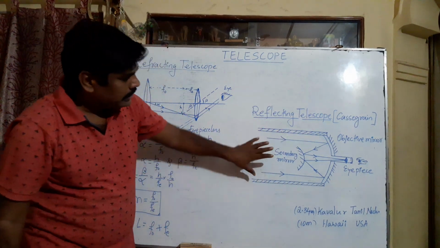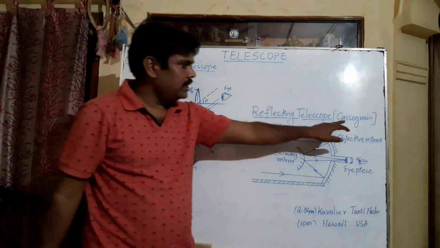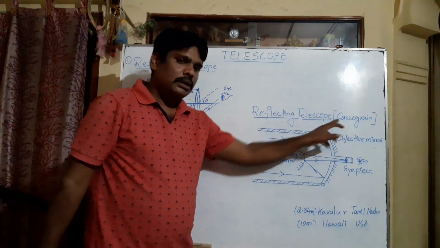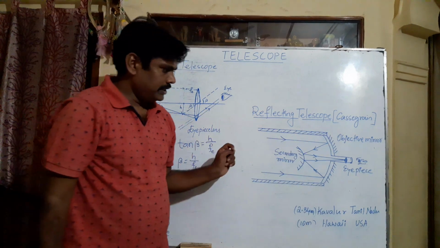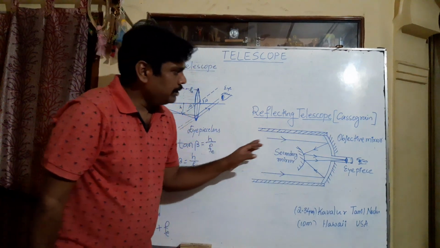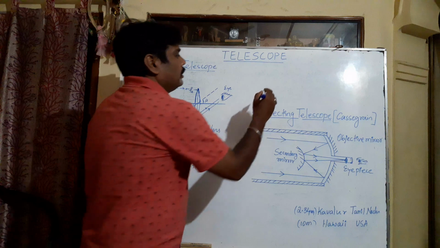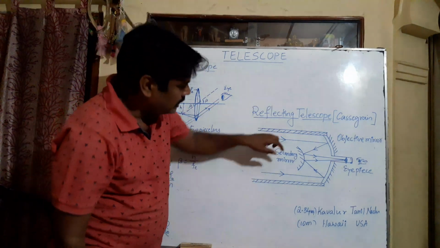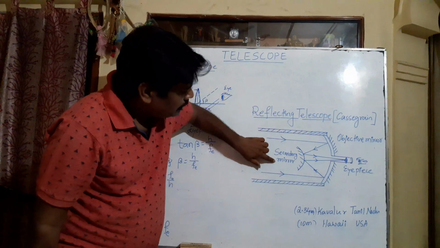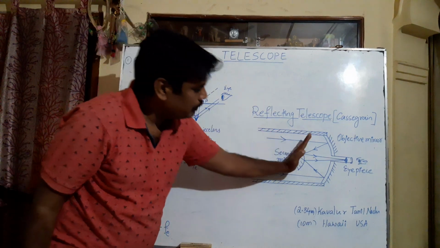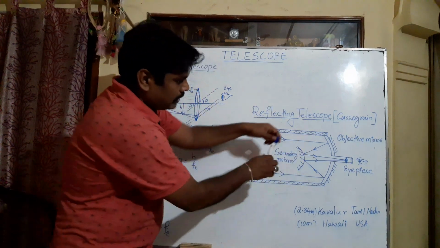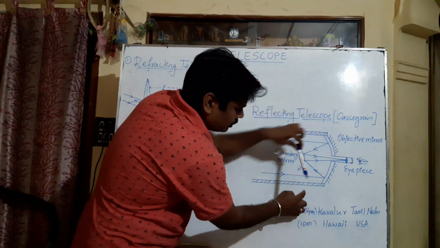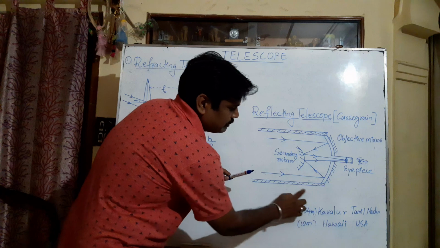This was invented by Cassegrain. That's why this telescope is also called the Cassegrain telescope. The inventor's name is given to this one. Now, the difference between the Cassegrain telescope and the Newtonian telescope: Newton invented one of the telescopes. In that telescope, the secondary mirror is not convex, it is a plane mirror. If it is a plane mirror like this, the light will reflect and come out, and the observer's eyepiece is placed here.